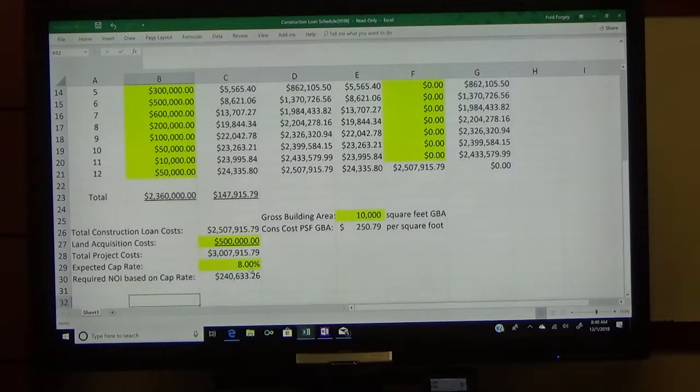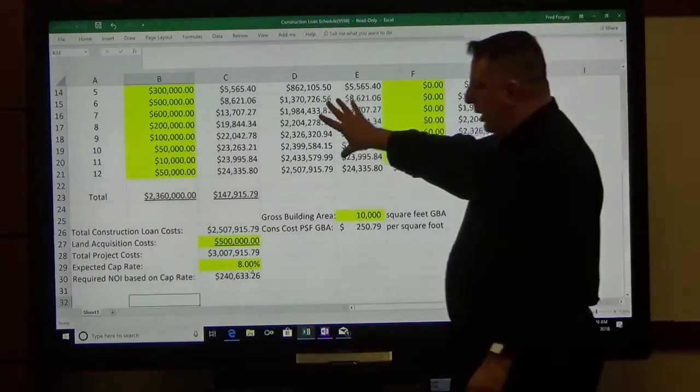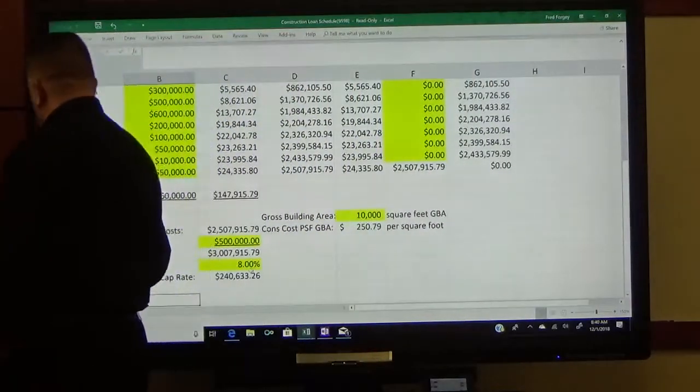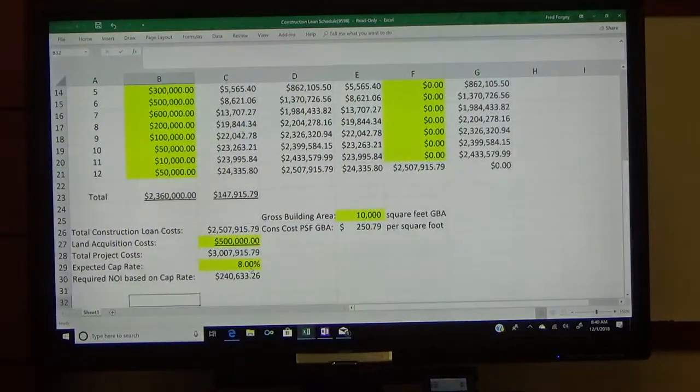Because your land cost could be a dramatically larger percentage of the overall project cost, and all you're really trying to get a handle on is, what's my construction loan going to be? Because in most instances, the construction lender is using your land as collateral.